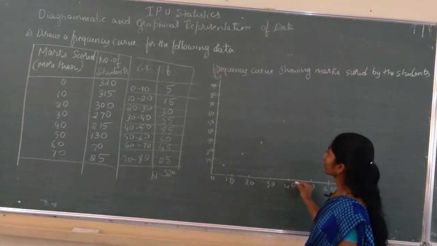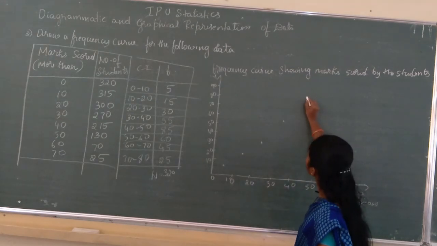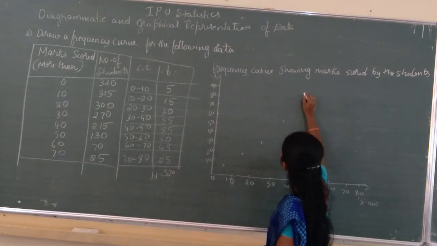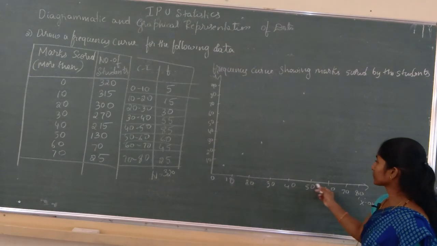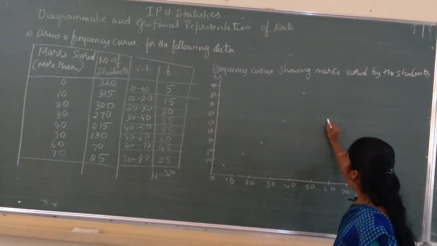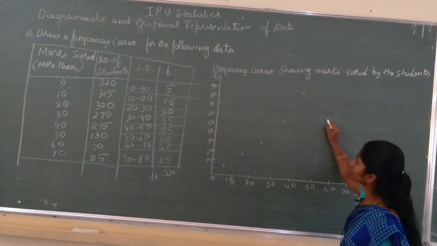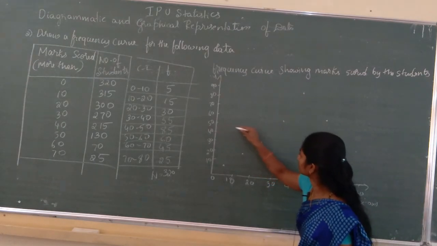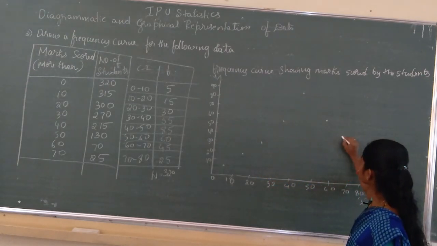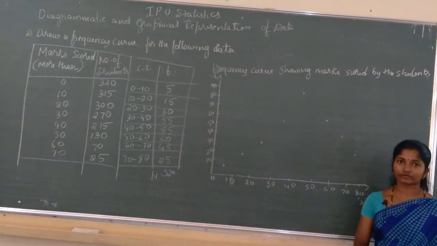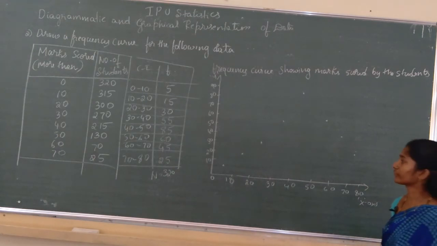Then 40 to 50, 85. 50 to 60, 60. Then 45. So, last one is 25.